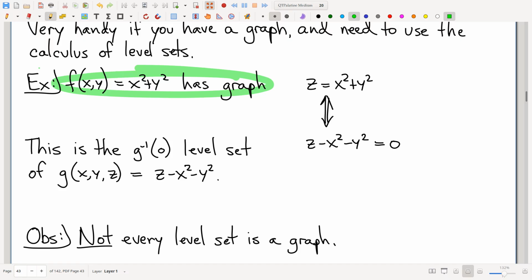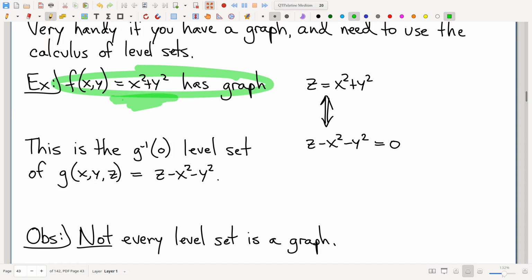Not today. But if I want to understand that bowl, calculus of graphs applied to that function will tell me some of the geometric aspects of that surface. But what if I want to use the calculus of level sets? Calculus of level sets will tell me different geometric information. I can't apply the calculus of level sets to that function because it's not a level set of that function.